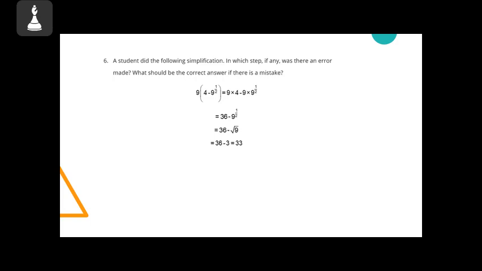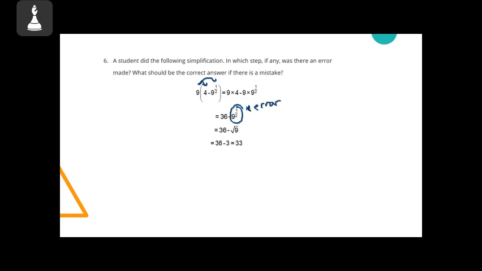Okay, so we have 9 times the quantity 4 minus 9 to the 1/2 power. So it looks like the student distributed 9 times 4 and 9 times 9 to the 1/2 power. Now the next line says 9 times 4 is 36, but 9 times 9 to the 1/2 is 9 to the 1/2 power. And this right here is your error.